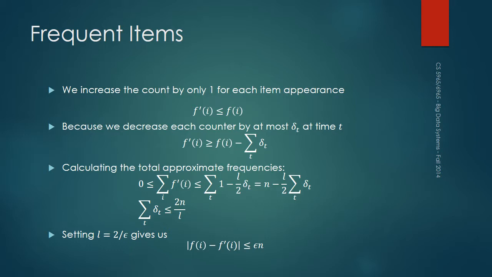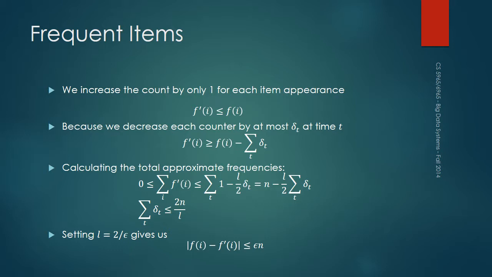So now let's consider this expression, which is the total approximate frequencies, right? The total frequencies are going to be greater than 0. That is easy. The total approximate frequencies is the sum over all the items, so this is i, not t. Understand the difference between the summations. This is the summation over all the approximate frequencies, which is now less than or equal to what? At every time point, right?